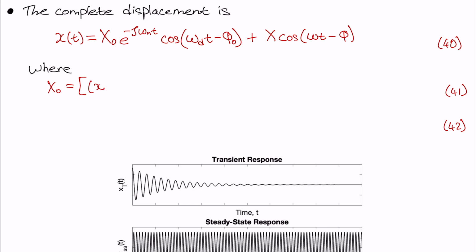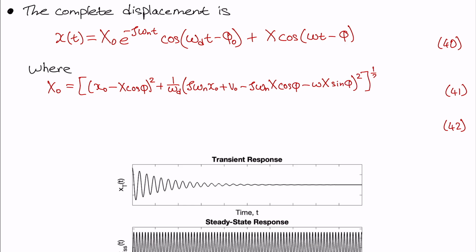Then we're going to have the quantity x0, that's our initial displacement, minus big X times the cosine of phi, this quantity squared, plus 1 over omega d times the quantity zeta omega n x0 plus v0, where v0 is the initial velocity, x0 is the initial displacement, minus zeta omega n big X cosine phi minus omega big X sine phi, everything in the parentheses squared, everything in the square bracket raised to the 1/2.